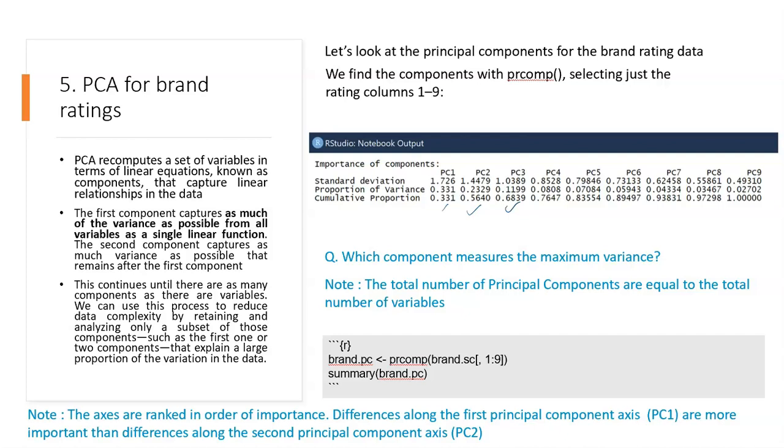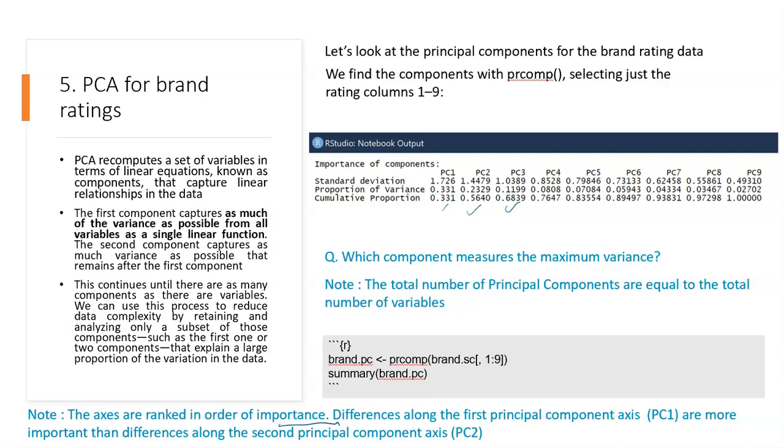You can see which component measures the maximum variance. PC1 measures the maximum variance, and that's why it is the most important component here. Remember, the components are ranked in order of importance, so PC1 is more important than PC2.